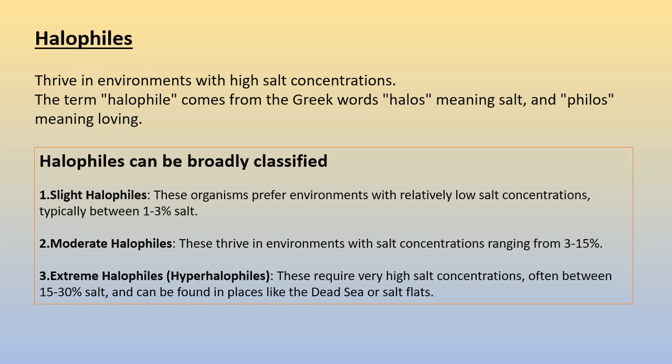Above 15%, those that have evolved and adapted to extreme salt concentrations are categorized as extreme halophiles or hyper halophiles. That means the salt concentration is very high, 15 to 30%. They can be found in places like the Dead Sea or salt flats. Now what are salt flats? If you are not aware what this particular environment is, you can Google it up.